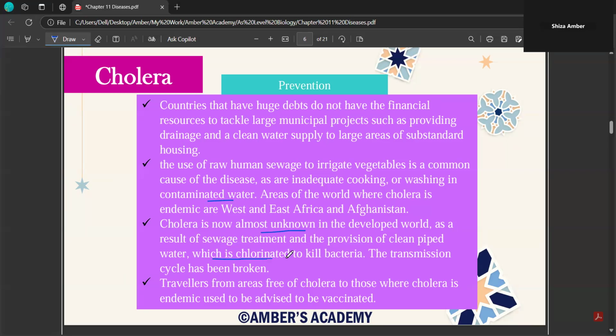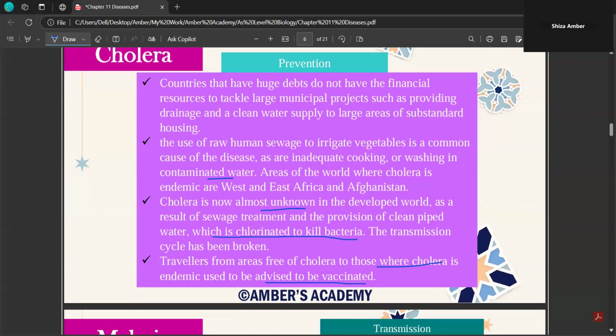So this is how you can prevent cholera, by providing clean water and by chlorinating water. The transmission cycle has been broken. Travelers from areas free of cholera to those where cholera is still endemic used to be advised to be vaccinated. So if someone is traveling from a developed country to a country which is still endemic with cholera, they are asked to be vaccinated.